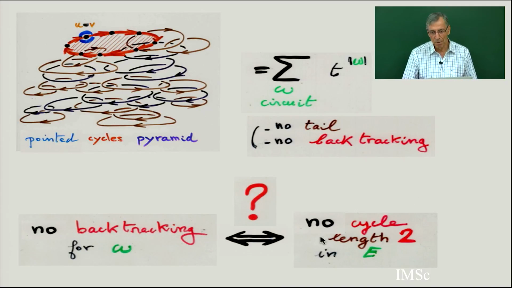But some people may think that there is a relationship between the two. This was an exercise. So I can show you some counterexamples: there exists backtracking without a cycle of length 2, and there exists a cycle of length 2 without backtracking. So there is no way to give a characterization with the usual bijection.